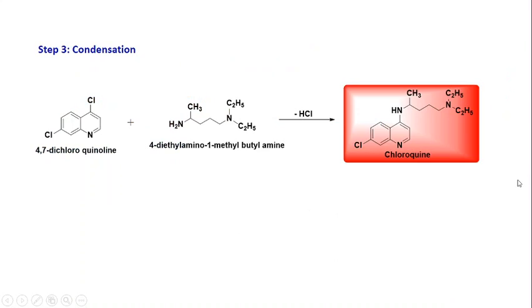In the next step, the last step for the synthesis of chloroquine, is the condensation. What happens over here in this step? The 4,7-dichloroquinoline they have synthesized first by treating 4-hydroxy-7-chloroquinoline with POCl3 to get this compound, and this compound we have synthesized in the last steps beginning with the acetoacetic ester and its treatment with diethylaminoethyl chloroethane.